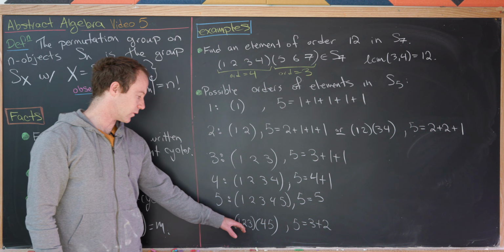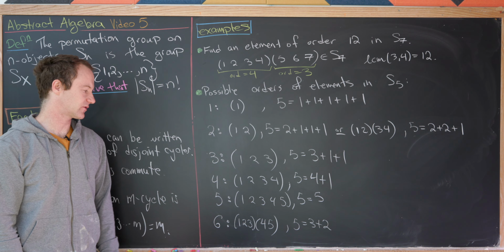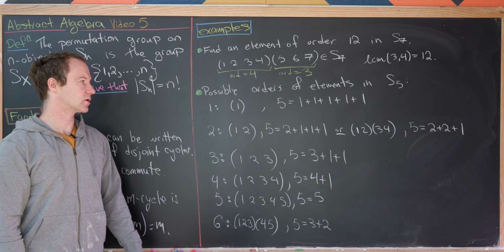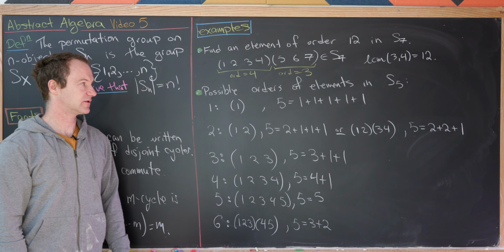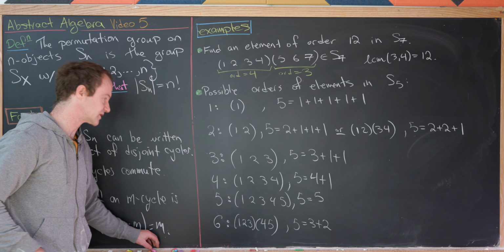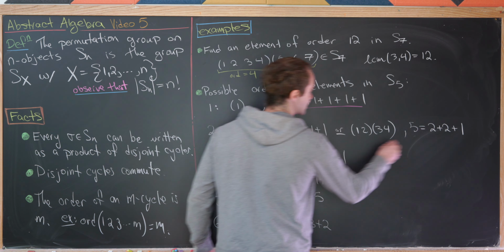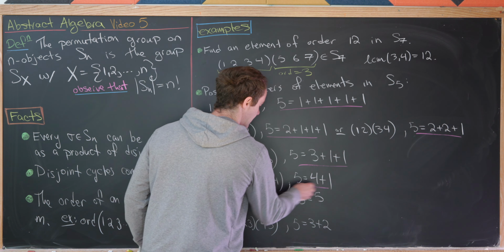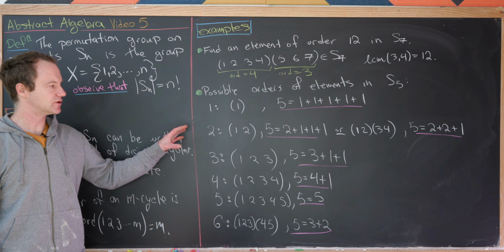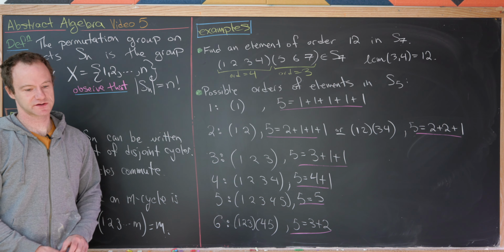Notice that the order of this is 3, the order of this is 2, and the order of the product is the LCM of 3 and 2, which is 6. So those are the possible orders of elements in S5. And we know that this is all of the possible orders because we've exhibited all possible partitions of the number 5. These partitions are associated with elements of different types of orders.